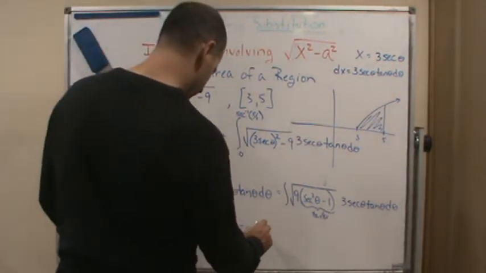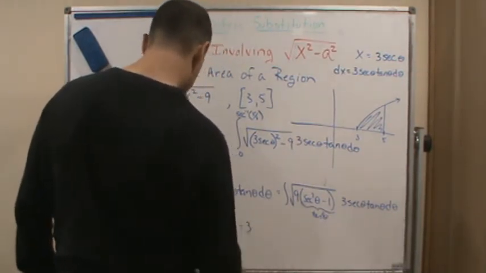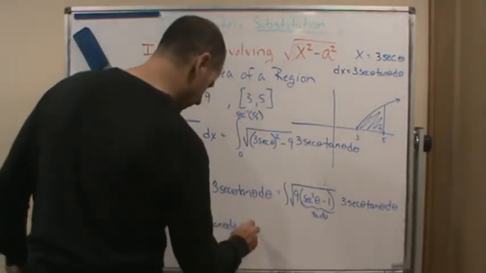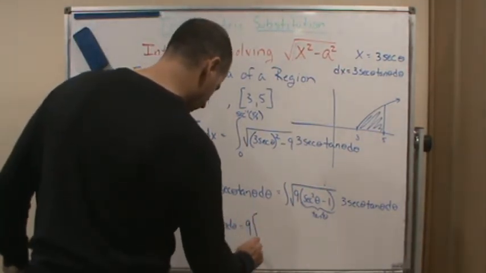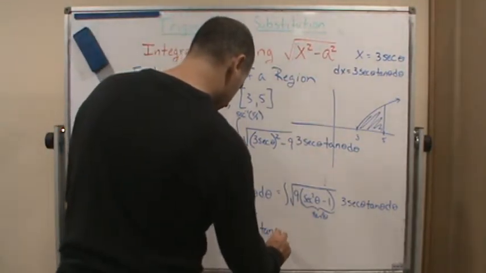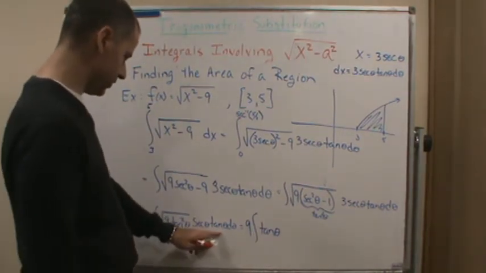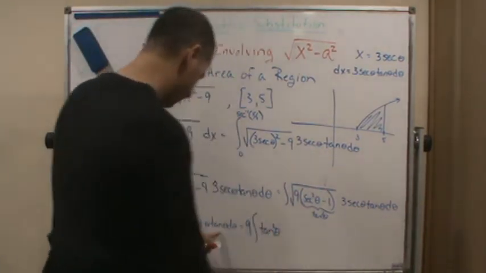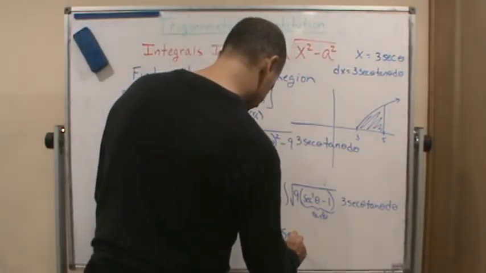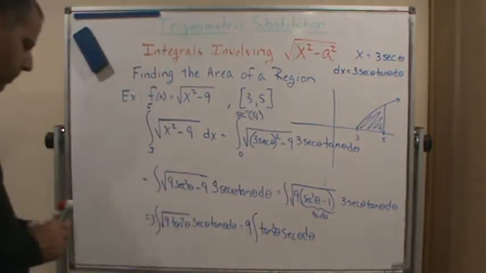So we're going to pull the 3 out. This is going to become 9 times the integral of tangent theta times tangent theta, which is tangent squared theta, secant theta d theta.